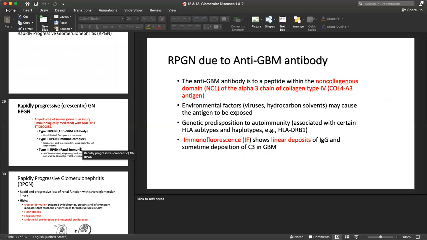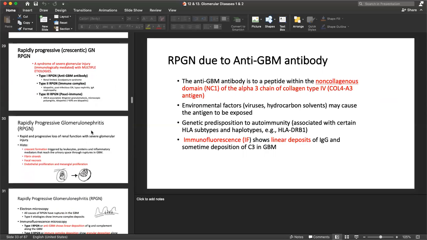And remember, that is going to be our type 1. And then on immunofluorescence, again, linear deposits of that IgG, and then some C3.